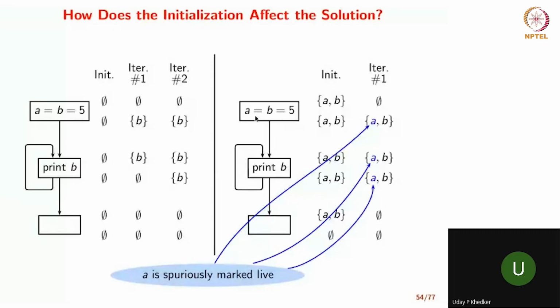What would have been wrong is to say B is not live here, in which case you would have eliminated the assignment to B, and then the result would be unsound because you have B undefined here in the optimized program, whereas in the original program, B is defined. So use of empty set guarantees a more precise solution, intuitively, because we want to compute the smallest set of variables that are live.